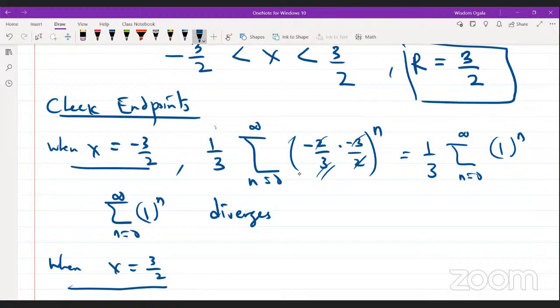And in our case now, n is not negative. So if you don't want to think about it like this, you can still think about it as this guy, something like this. Okay, so you can think about it this way. Or this guy, which still diverges.